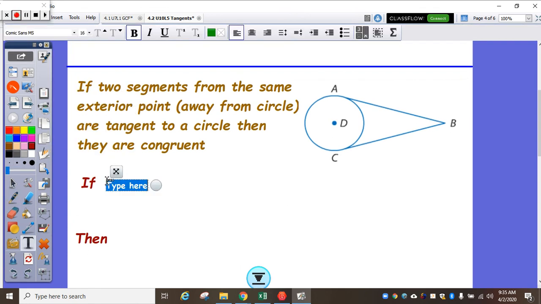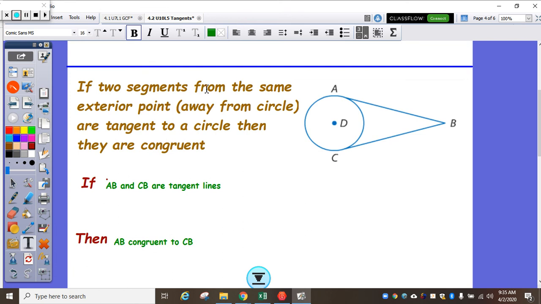So if AB and CB are tangent lines, then the distance from A to B would be congruent to CB. That's our rule here.